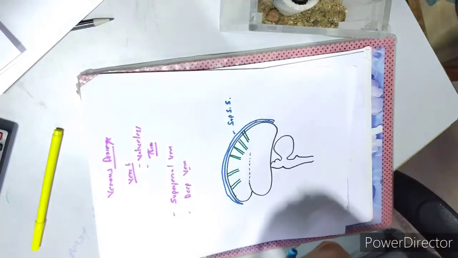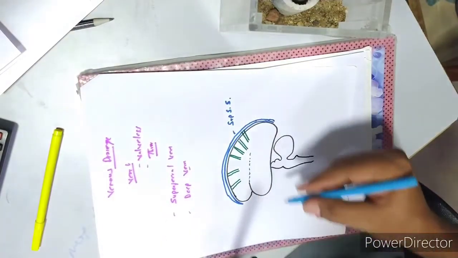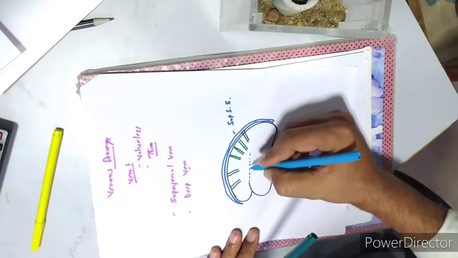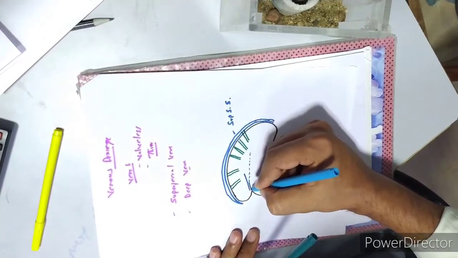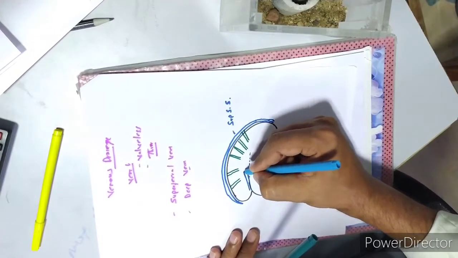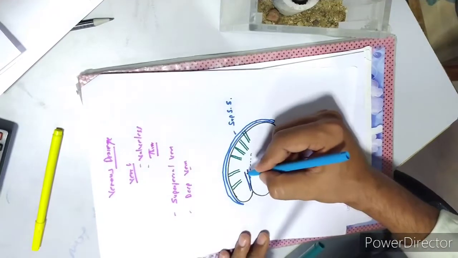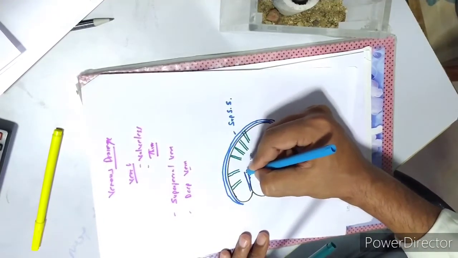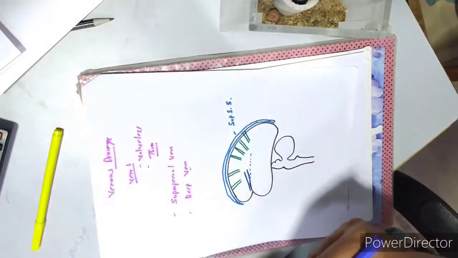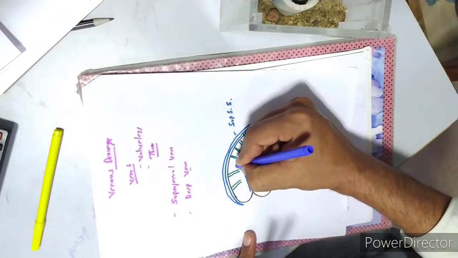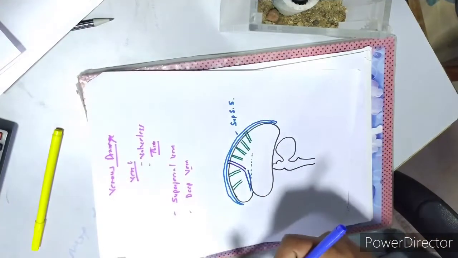Now the next one is the superficial middle cerebral vein. The superficial middle cerebral vein is located in the lateral sulcus here. It drains the surface of the cerebrum, and this vein communicates with the superior sagittal sinus through the superior anastomotic vein. This is the superior anastomotic vein of Trolard.